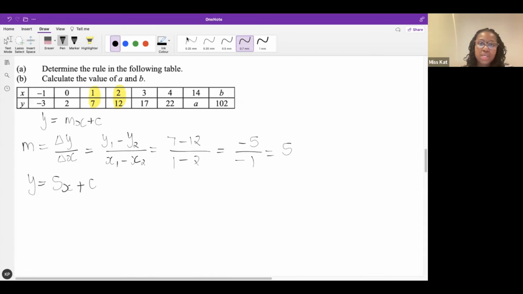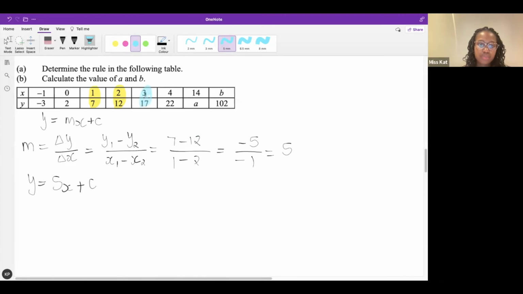We need c. How do we get c? To get c, we're going to take one of the coordinates and substitute it with y and x. Then we can solve it. Which one are we choosing? We can take 3 and 17.